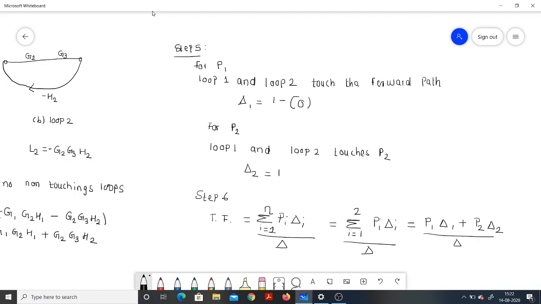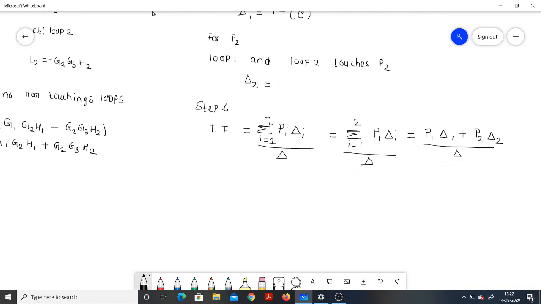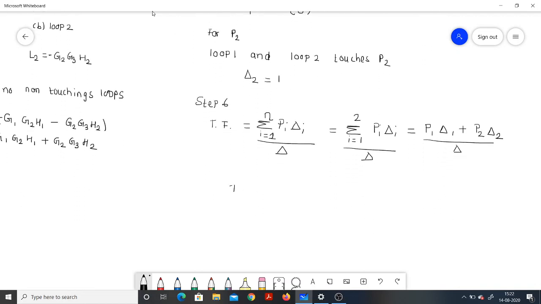Now I'll just substitute the values and let us see what we get. My transfer function will be equal to P1, which was G1 G2 G3, into 1 because del 1 was 1, plus G4 into 1 because del 2 was 1, divided by 1 plus G1 G2 H1 plus G2 G3 H2.